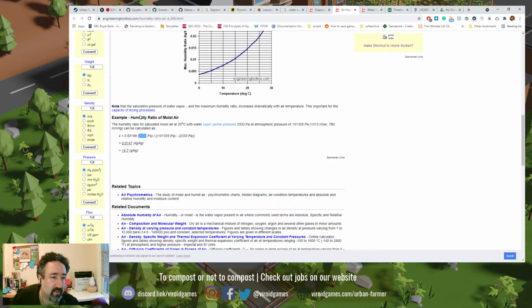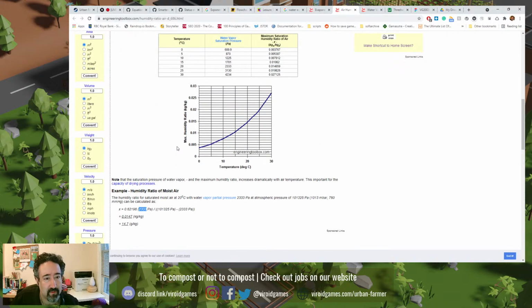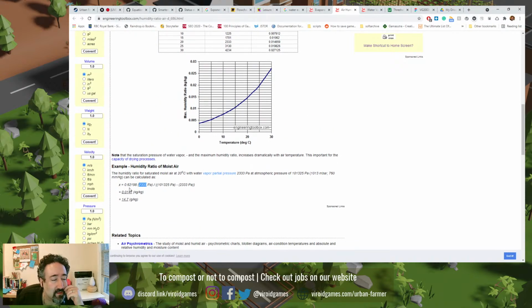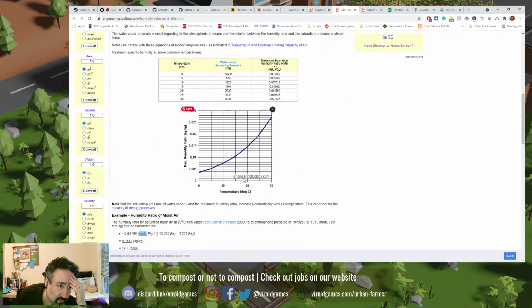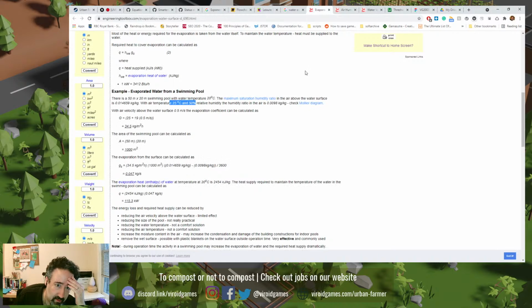Now we are plugging in this number, humidity ratio of moist air. This is the 14.7 something, okay? So that is actually coming out as this.